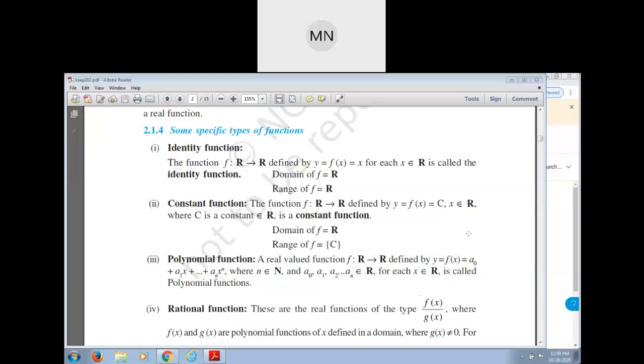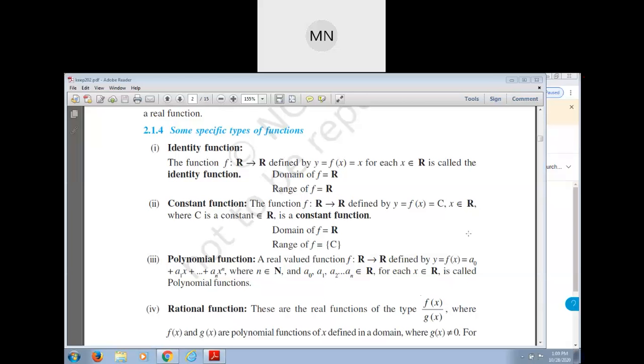Yes, ma'am. Yeah, it is a polynomial function because here the coefficients are real numbers, and the power is what? The power is also a natural number.